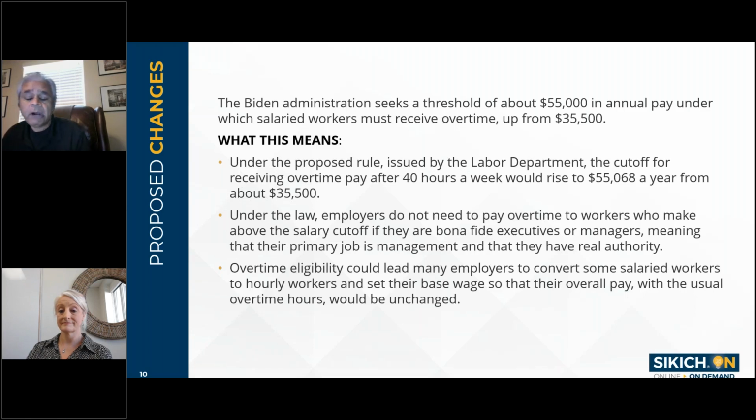Or the other way: hey, raise my salary to $55,000, right? Now, employers can certainly do that, but would that happen? We don't know. There are a lot of ifs and questions about how employers would react and manage that. Okay, Rachel, next slide, please.